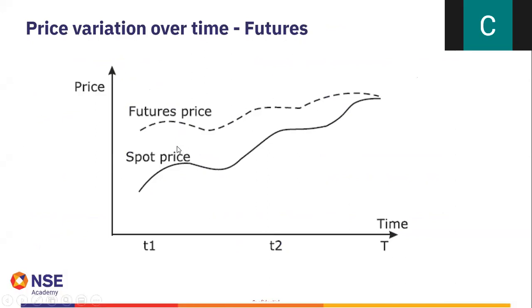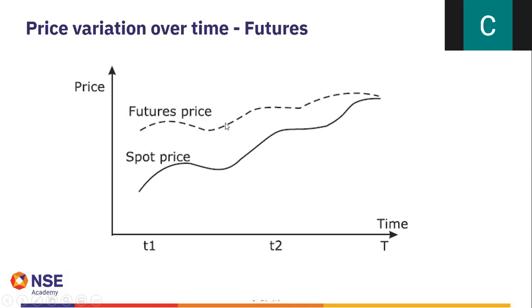Say for a futures contract, this is the futures price, this is the spot price. At the beginning of the contract, there will definitely be a difference. The futures price might be more and the spot price might be less, or it can be vice versa also. So daily MTM settlement will happen at this price.